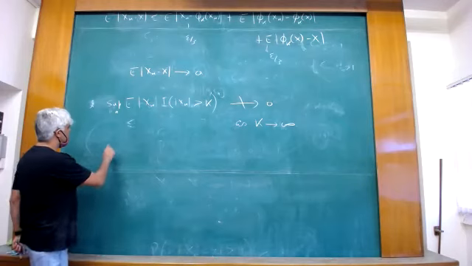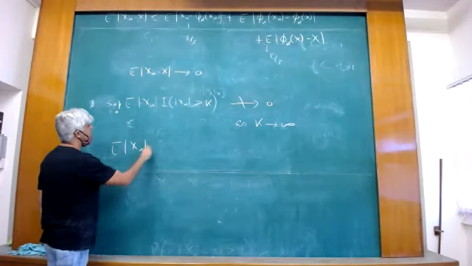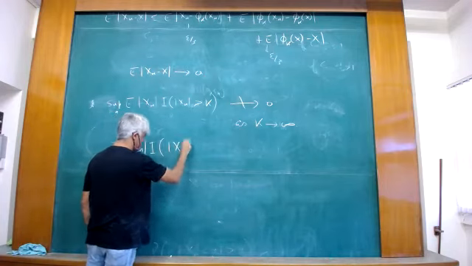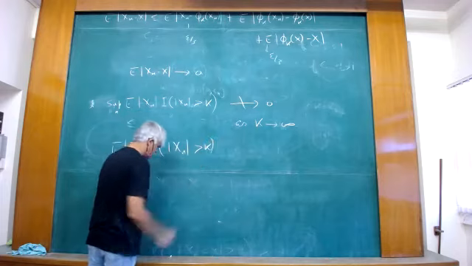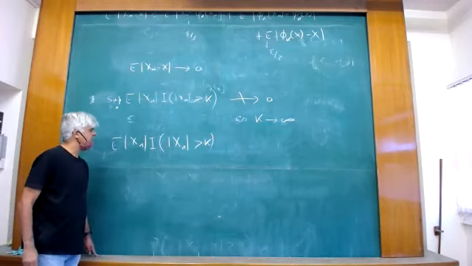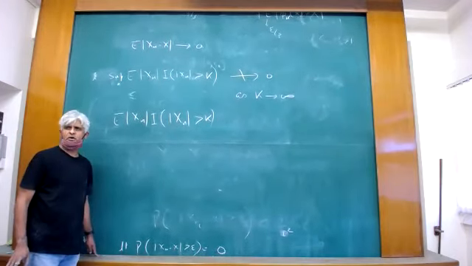So we want to show this. We want to control this thing, right? We want to show that for k large enough, this is less than epsilon for all n, not for any single n, but for all n.